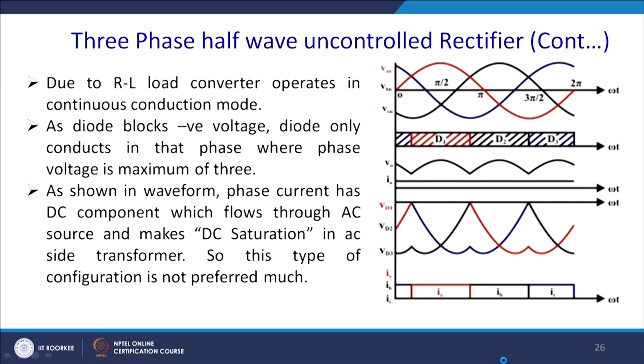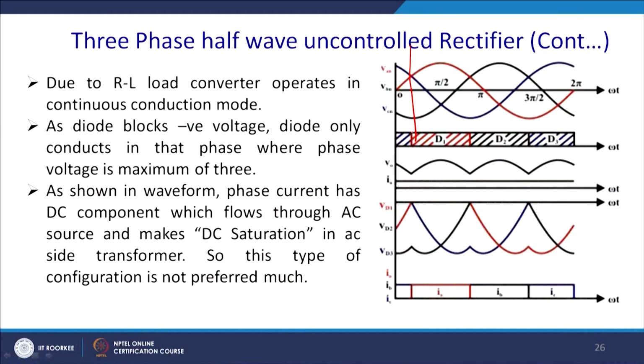This is the three-phase voltages, and our starting point will be this point, where the voltage A crosses over the voltage C, and thus voltage A becomes the most positive.